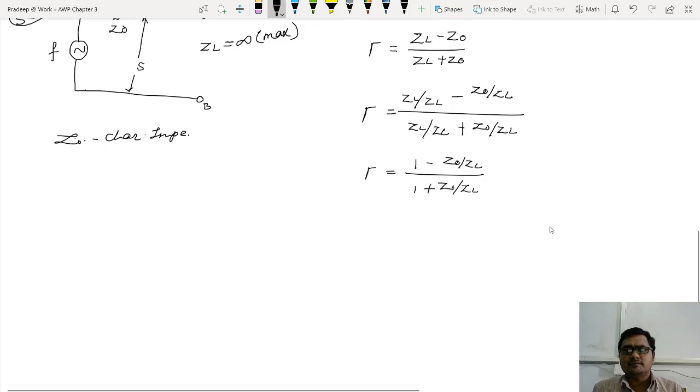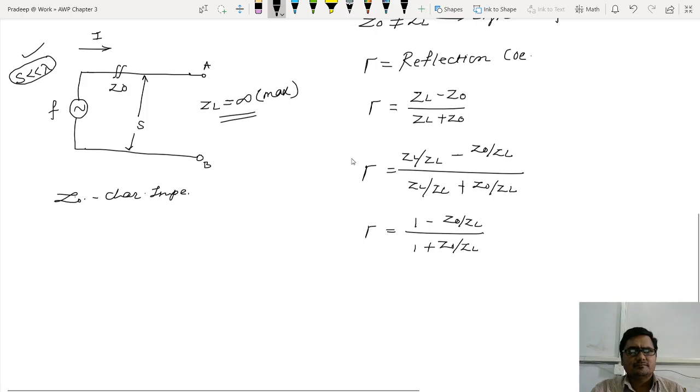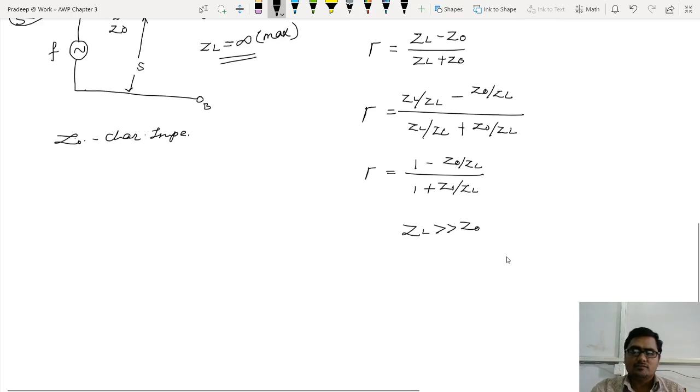But see, what is the value of ZL? ZL is infinite. And what is the value of Z0? Generally 50, 75, 60, whatever. So the value of ZL is very, very much greater than Z0, or Z0 is very, very much less than ZL.